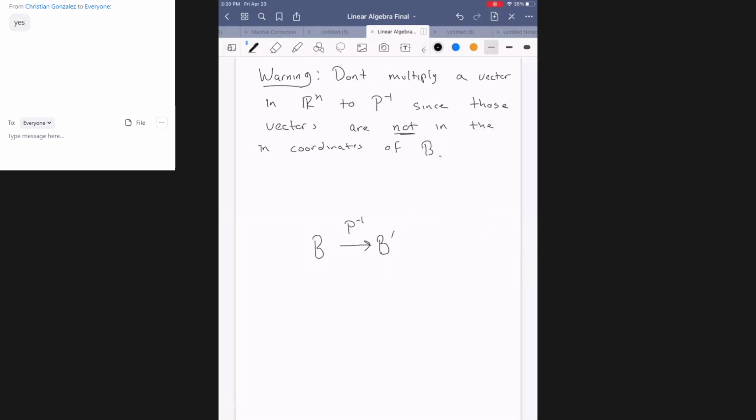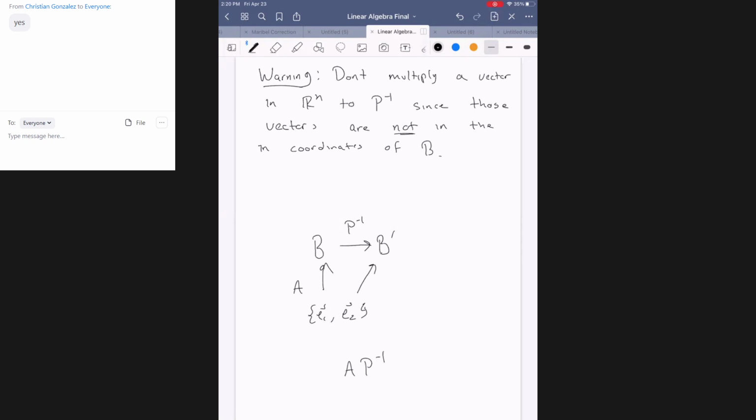I could find another transition matrix, say A, that takes me from the standard basis, E1, E2, to B. Then to get from the standard basis to B prime, all I have to do is A times P inverse.